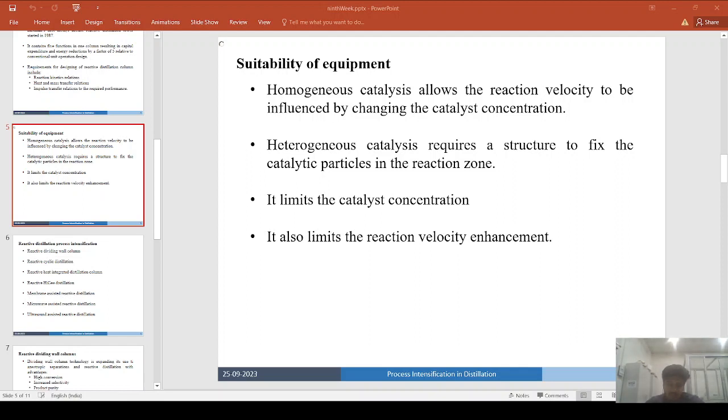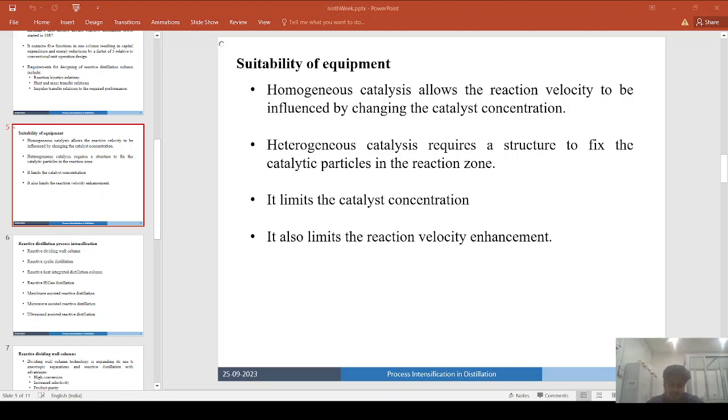Again, based upon your different reaction velocity and relative volatility, you may have a rectification column with catalytic packings, or a rectification column with catalytic internals and downcomers, or a rectification column with side stream reactors.